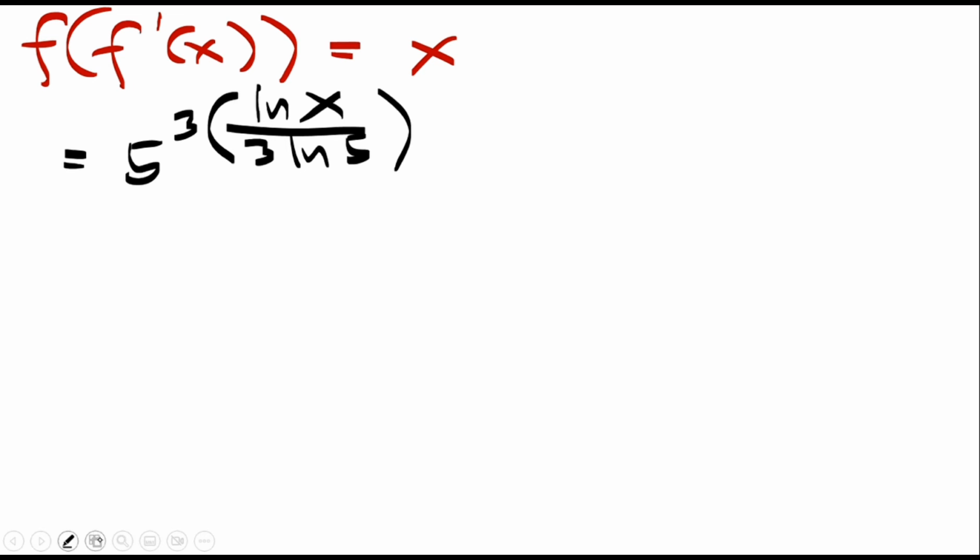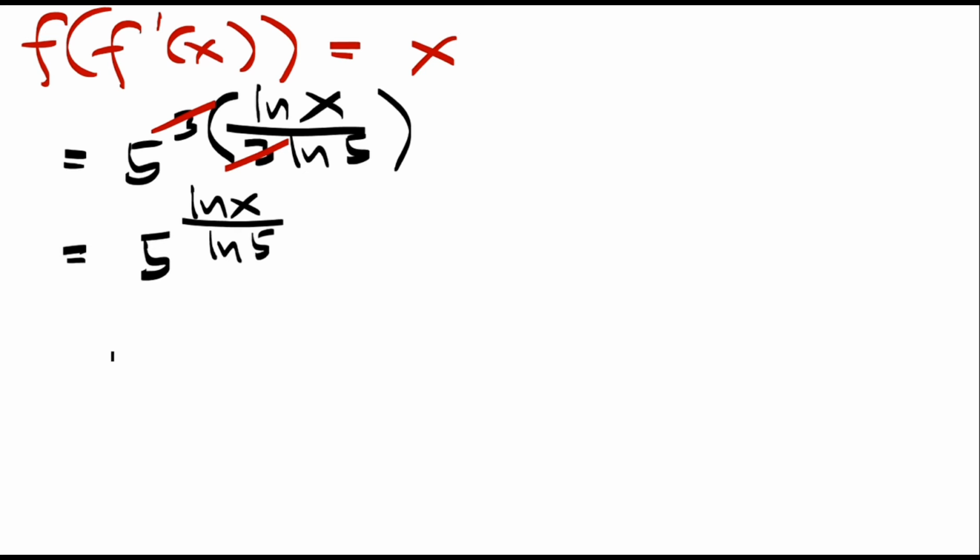So here we can cancel out the 3. So we will have now 5 raised to ln x over ln 5. It is something equal to x.